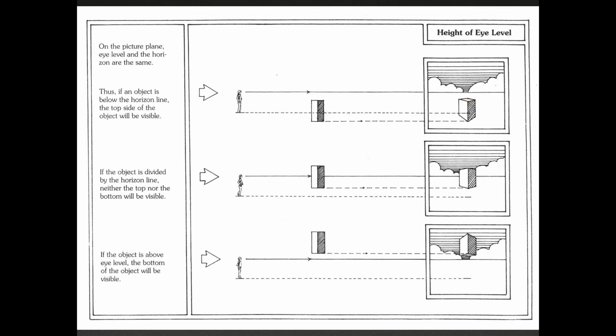If somewhere in the middle of the object it is at the same visual height as the horizon line behind it, then we're not going to see the top or bottom. And then if the object is floating, then we're going to see the bottom of it, because the bottom of the object is above the horizon line, which is at our eye level.